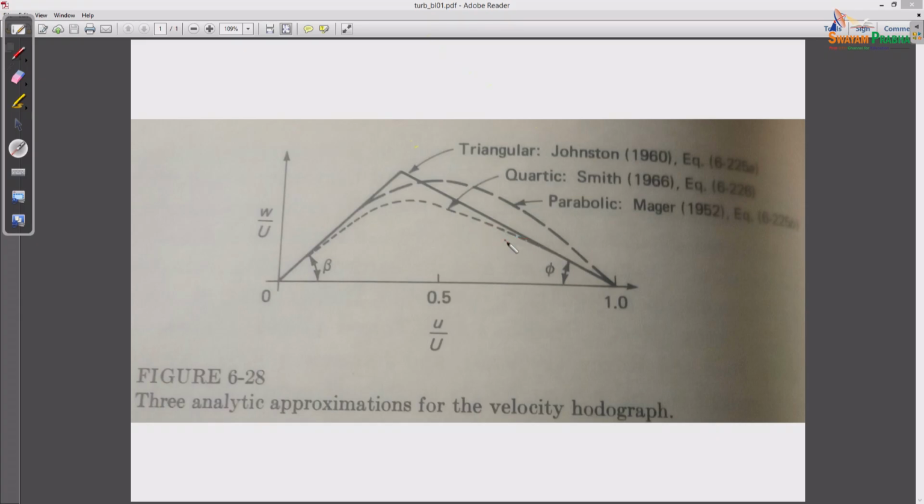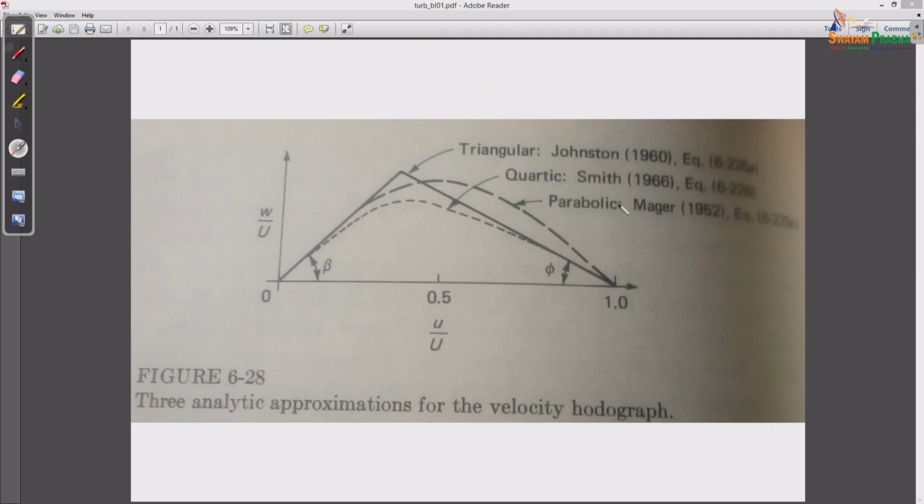Okay. So what we see here, obviously they don't seem to agree at all, there is some agreement. So if you see here the triangular one, this is the beta and this is the phi, right. So the triangular one is matching at both ends, right. So U is 0 here and U is equal to the free stream, x directional free stream, right.